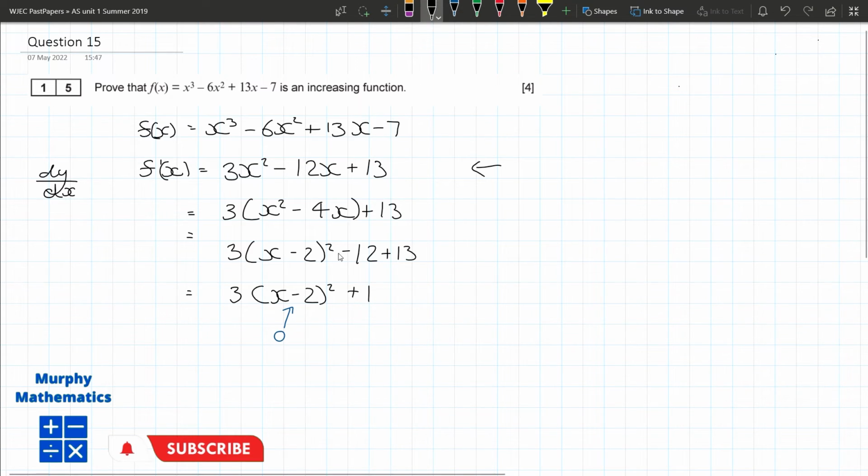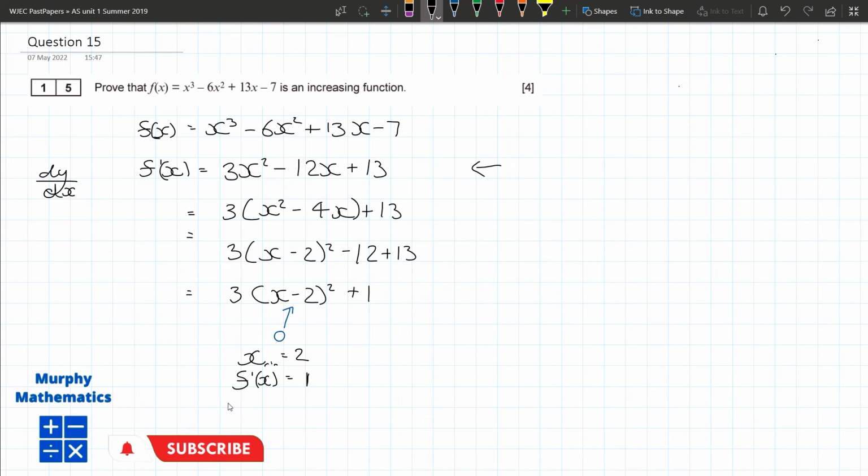We know that is when x equals 2, because 2 minus 2 will give us 0, and then that will all be 0. So then when x is at its minimum, we know that the derivative of f of x, or f comma x, equals positive 1. So even at our lowest point, our derivative of f of x is still positive.